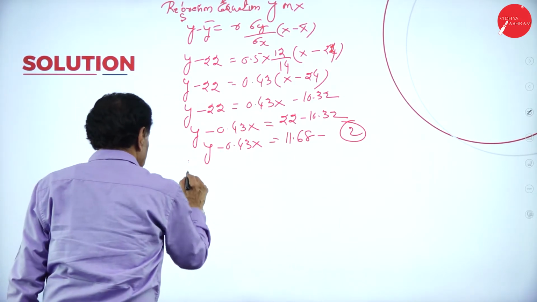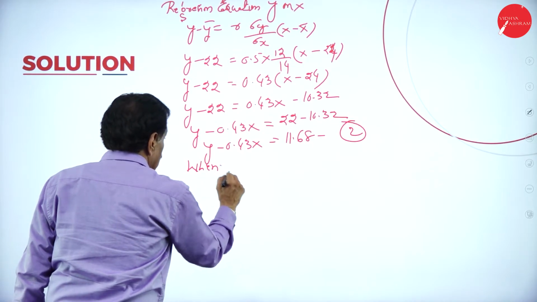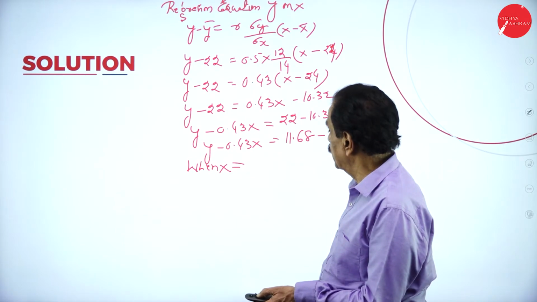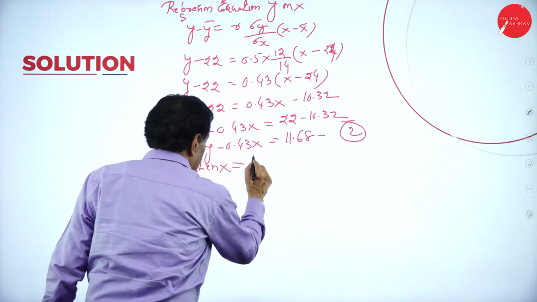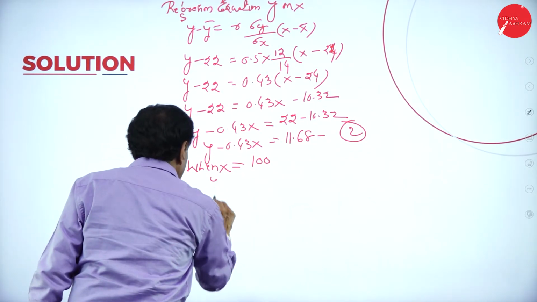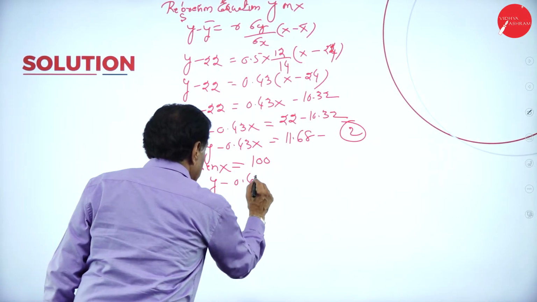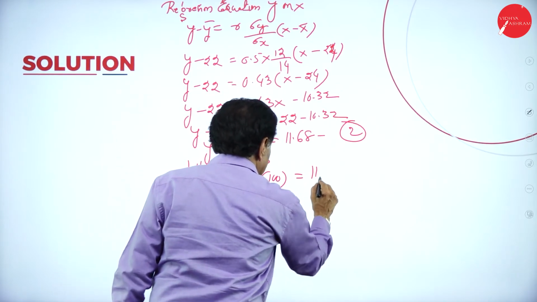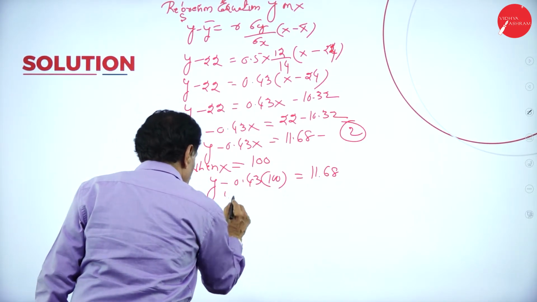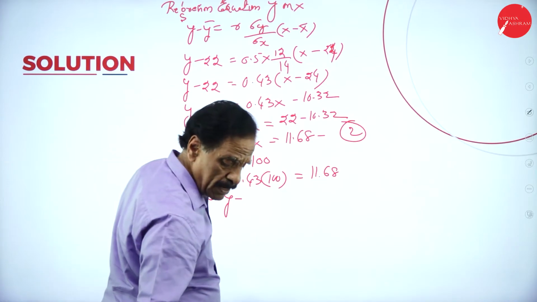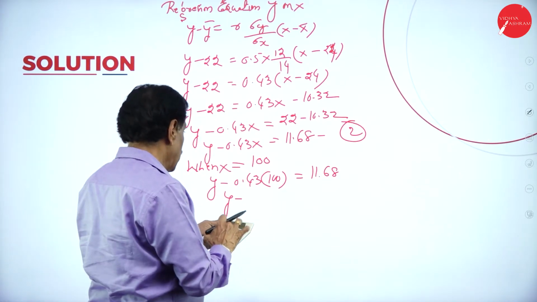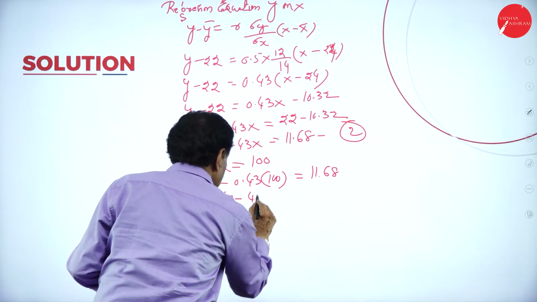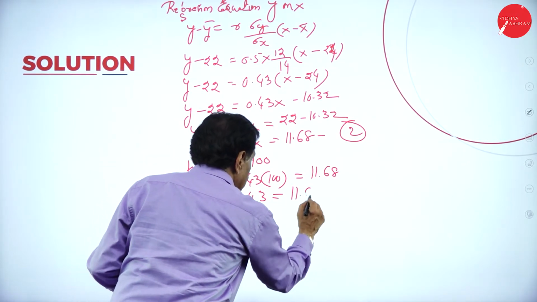When x is equal to 100, apply y minus 0.43 into 100 equals 11.68. Y minus 43 equals 11.68.